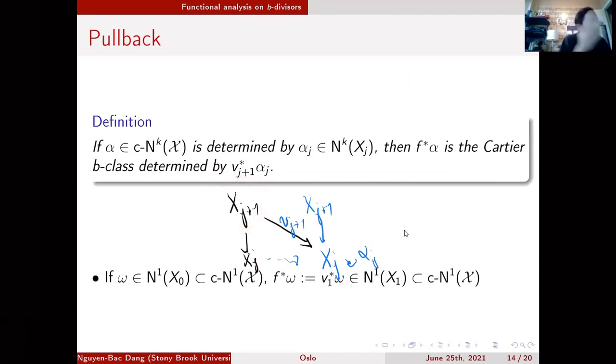And this gives you a class on the inductive limit, a Cartier class. Okay, and doing this, it's kind of a trick, but it allows you to pull back.